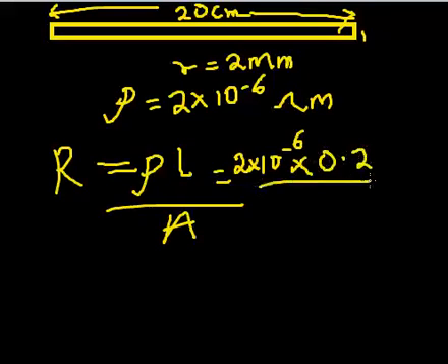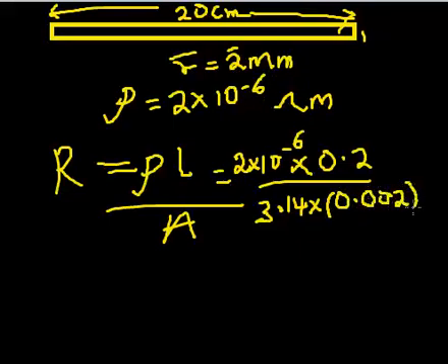Then the area is pi r squared, where pi is 3.14. I'm being given radius, please take note. To convert millimeters to meters, that would be 0.002, all squared.